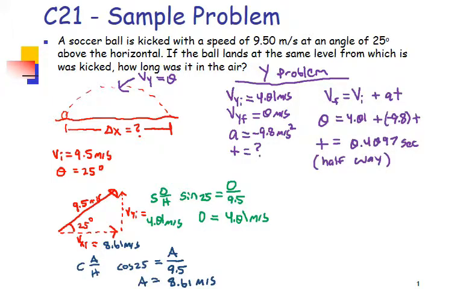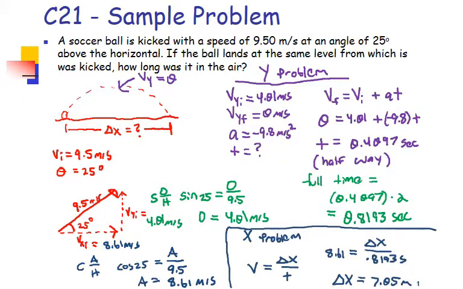We can calculate that, and the time halfway is 0.4097. We multiply that by 2 to get the time the full way. Then we can do the x problem where we bring in our x velocity and our time, and determine the displacement in the x, in this case 7.05 meters.